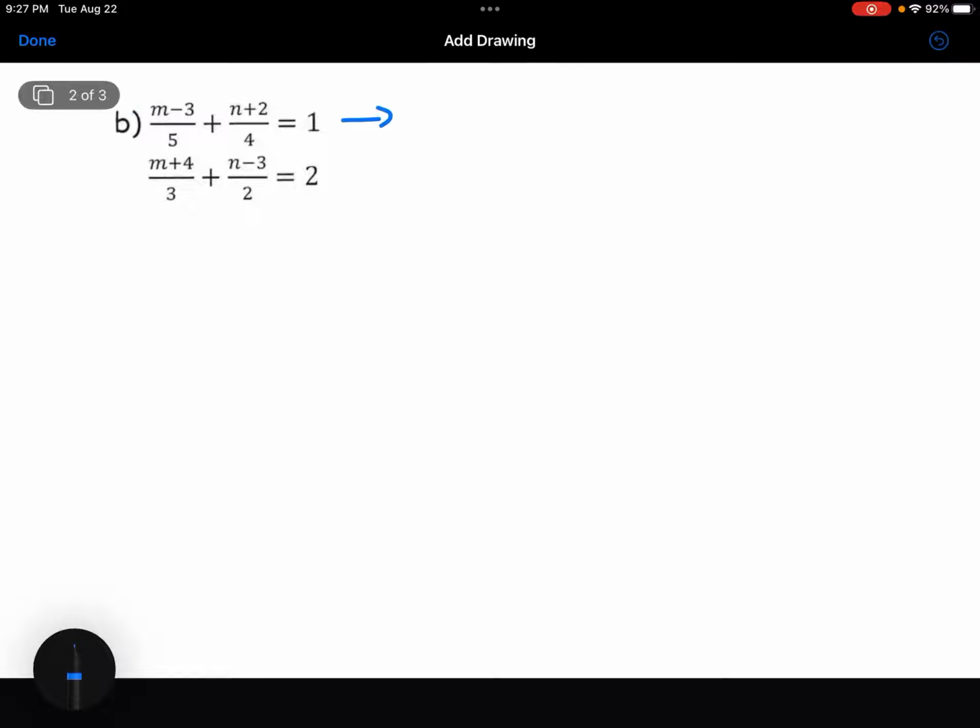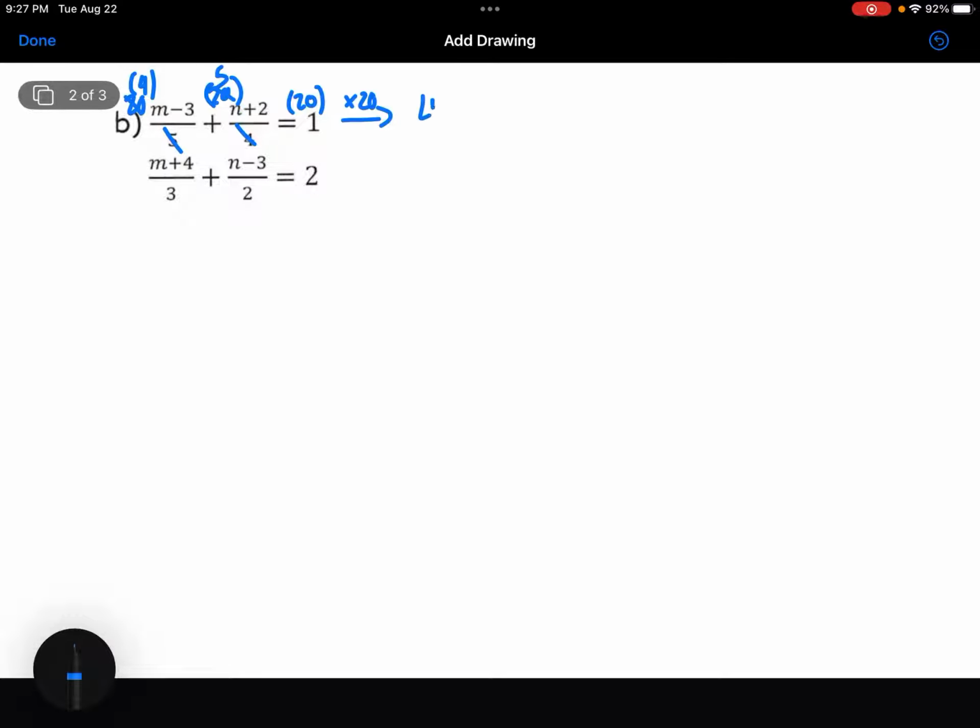So really what I'm doing is I'm multiplying by 20 in each case. 20 here, which divides down to 4. 20 here, which divides down to 5. And 20 here. So I've multiplied my whole equation by 20.